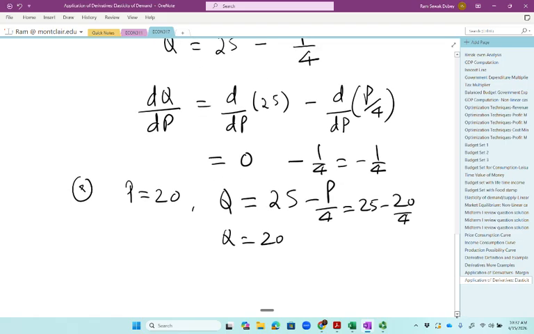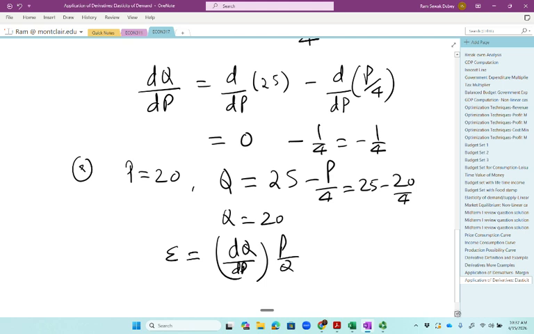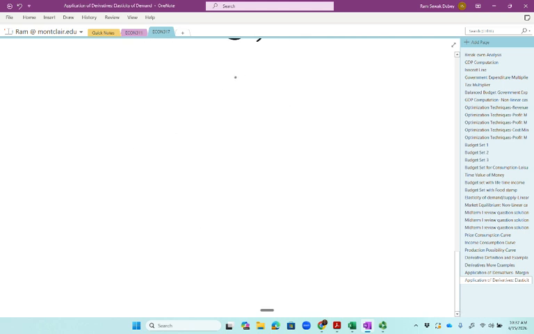So let's compute the elasticity. Elasticity is the derivative of Q with respect to P times P over Q. Okay, so elasticity is minus 1/4, that's the derivative, times P, I chose it to be 20, over Q, it also turned out to be 20.